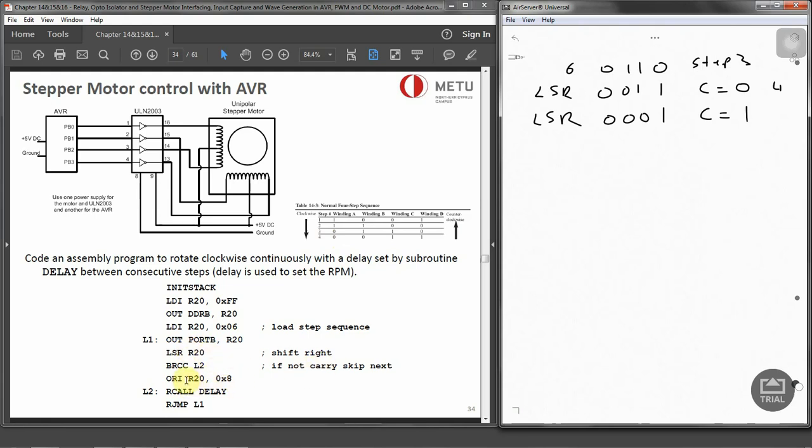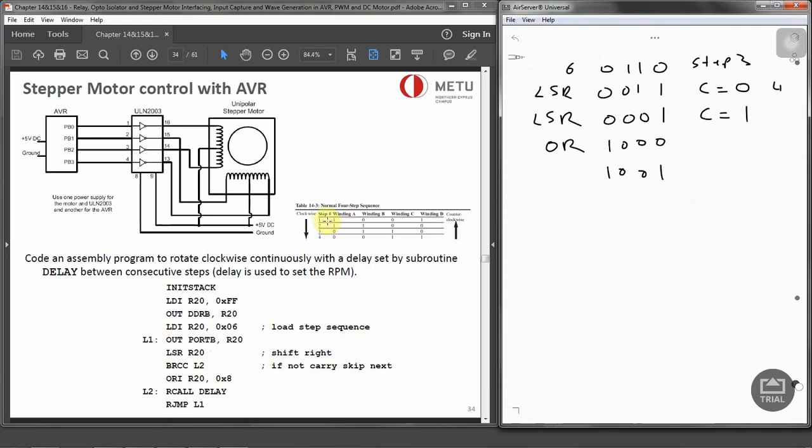So we have to perform the OR function, which is going to be ORed with 8, and this is going to give us 1, 0, 0, 1. Now that 1, 0, 0, 1 is our new value, and that has to be loaded to the motor drive.